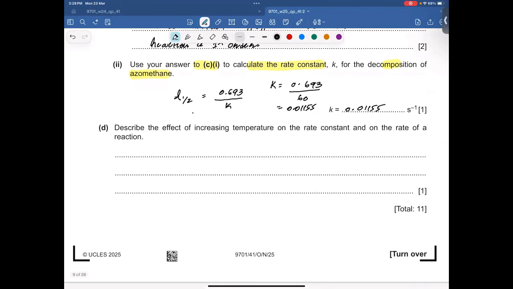Describe the effect of increasing temperature on the rate constant and on the rate of reaction. That's technical. At high temperature, kinetic energy increases.